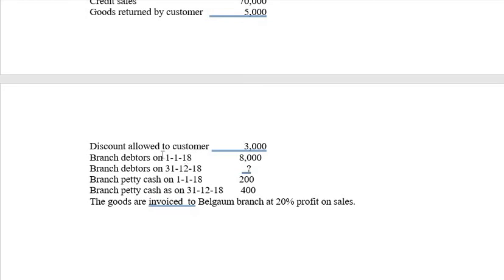Branch debtors on 1/1/2018, that is nothing but opening debtors, which is 8,000. Branch debtors on 31/12/2018 is to be found out. Petty cash on 1/1/2018 is 200, and petty cash of branch as on 31/12 is 400. The goods are invoiced by Belgaum branch at 20% profit on sales.